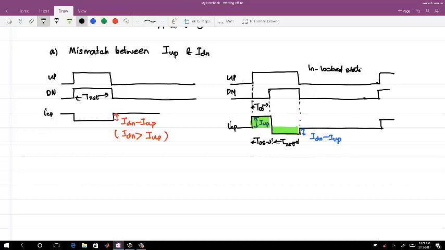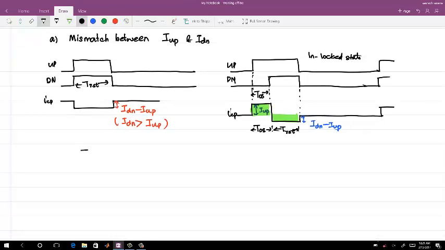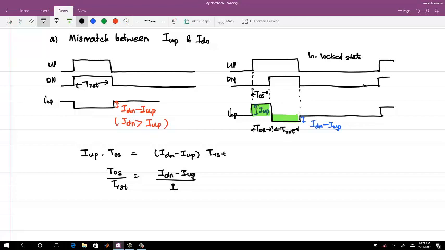So the condition is that I up times T offset is equal to I down minus I up times T reset. So let me write T offset by T reset as nothing but I down minus I up by I up.